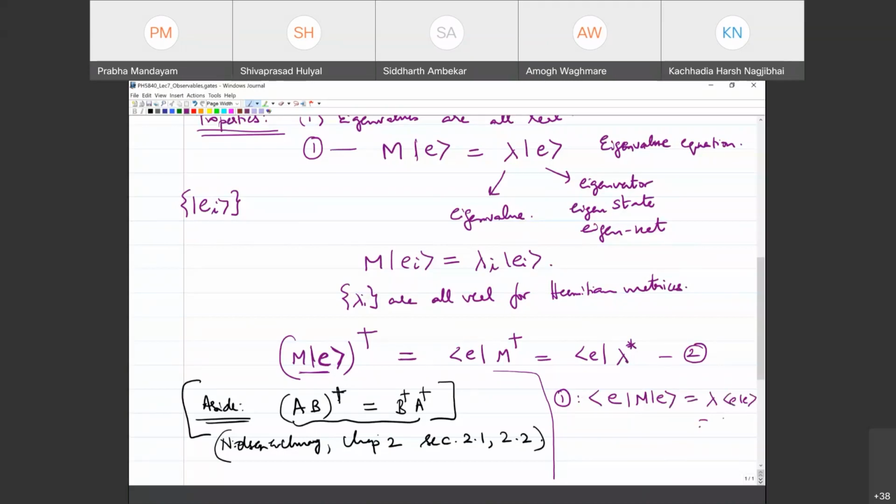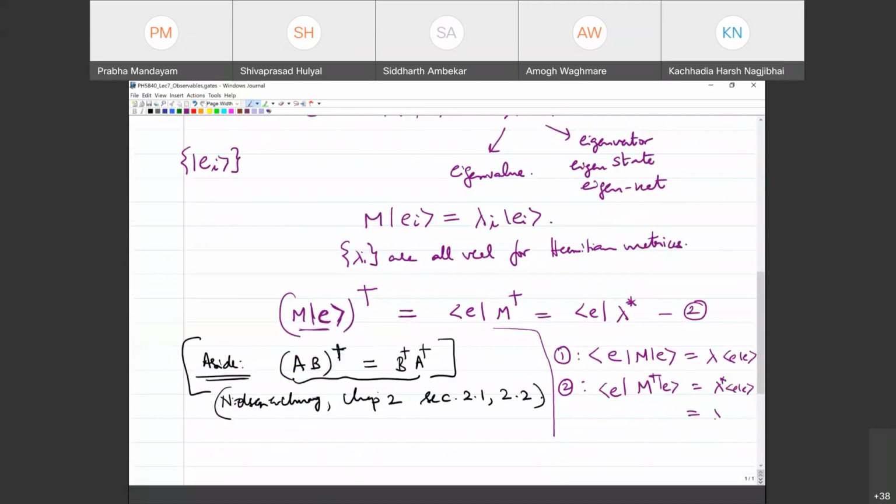It doesn't matter actually, whatever that is, that's the norm of E. And if I now do the right multiplication with the ket E for the second one, and use the fact that M is the same as M dagger, I have lambda star E E, but M is the same as M dagger. So this must be the same as lambda E E, which then implies that lambda is the same as lambda star.